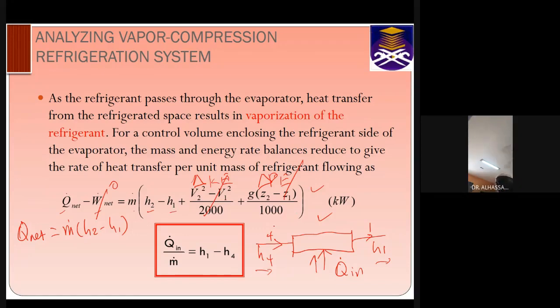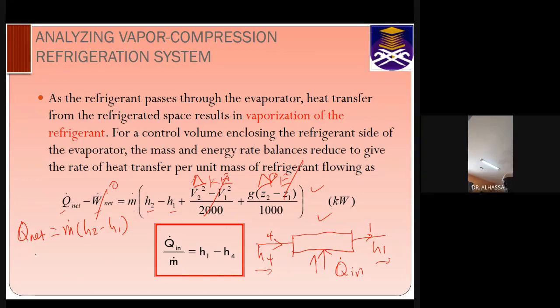Here the initial enthalpy is given by H4, and the final enthalpy is H2. Let's remove all this confusion. If we do this correctly, we will have the mass flow rate of the fluid entering minus the mass flow rate of the fluid that is leaving the system.